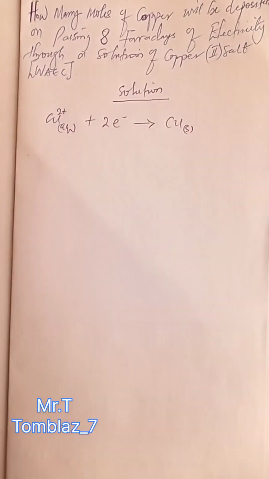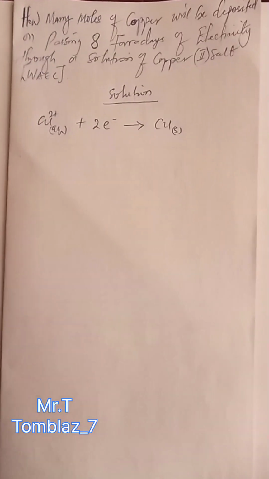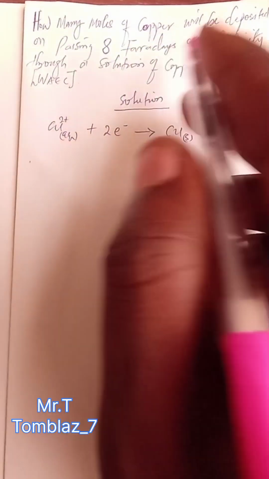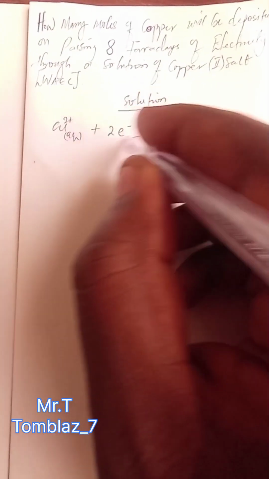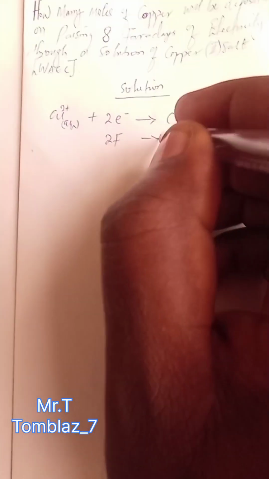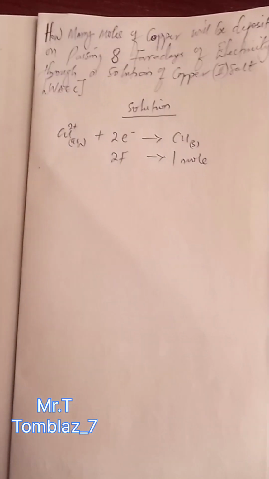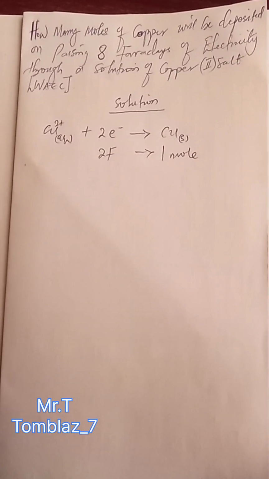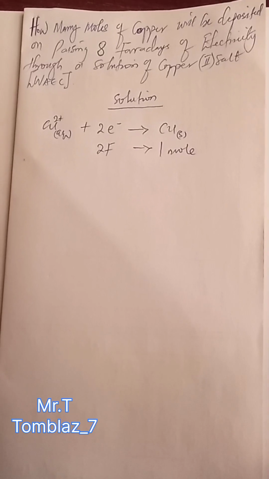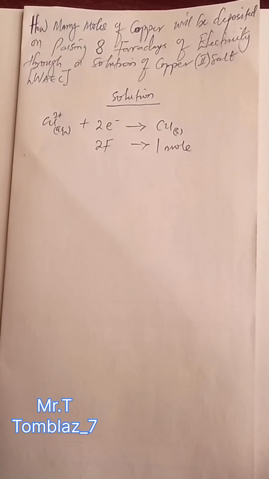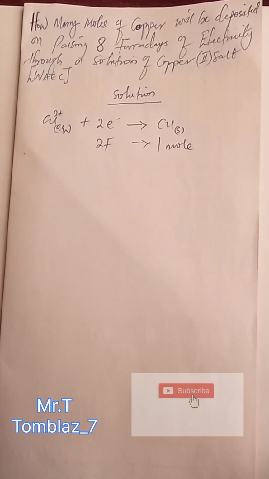According to this electrolysis, these 2 electrons are equivalent to 2 faradays, and this will give you 1 mole of copper. So writing and balancing this equation is very, very important, because it will help you to know the total number of faradays that you are working with.